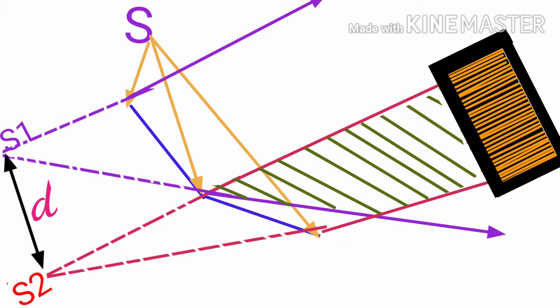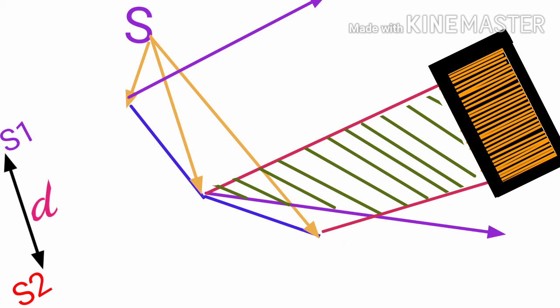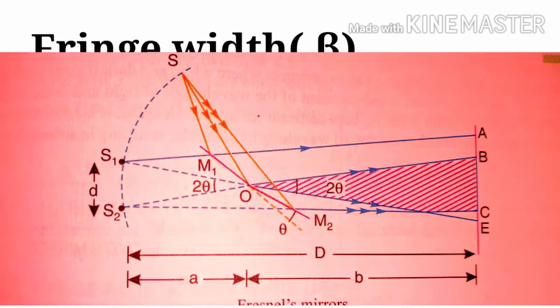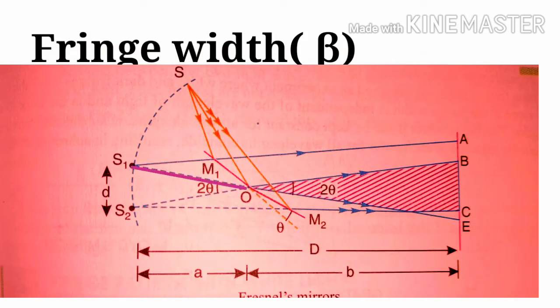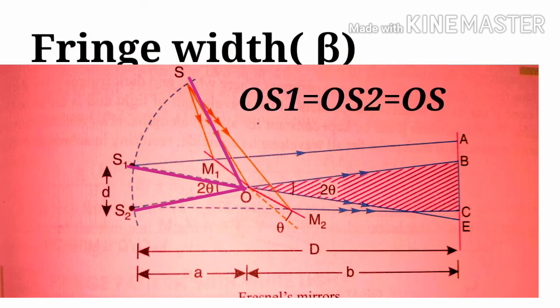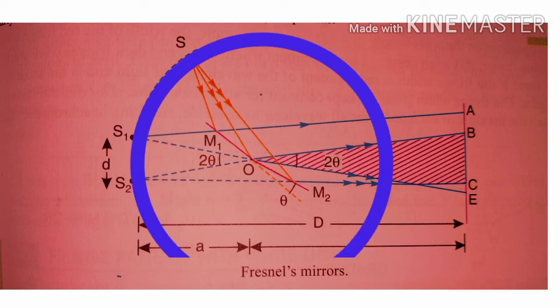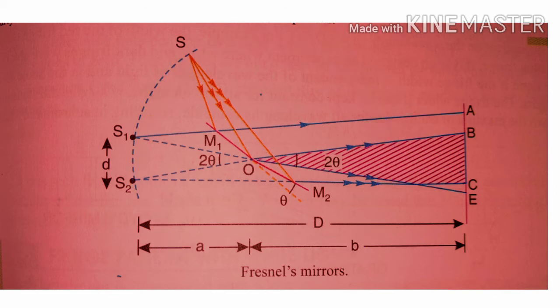We have to find the fringe width, and you just look at the figure. Here OS1 is equal to OS2, which is equal to OS, that is, S1, S2 and S lie on a circle with O as the center.